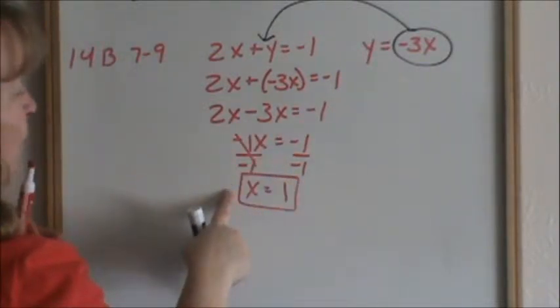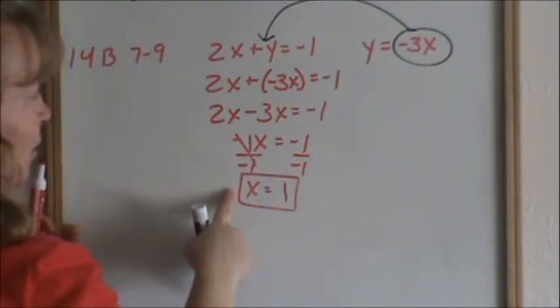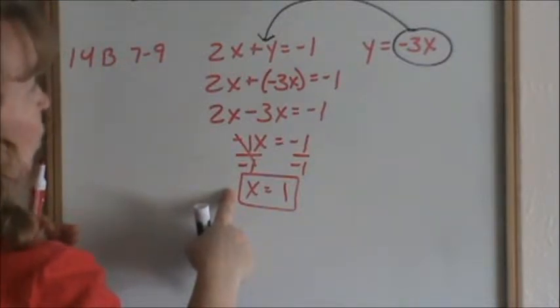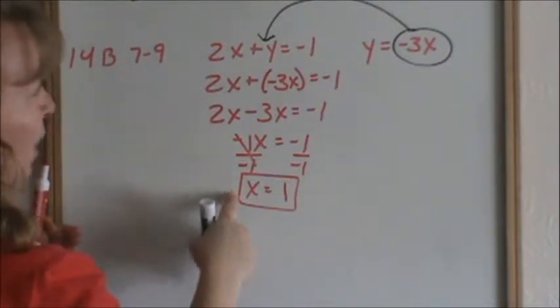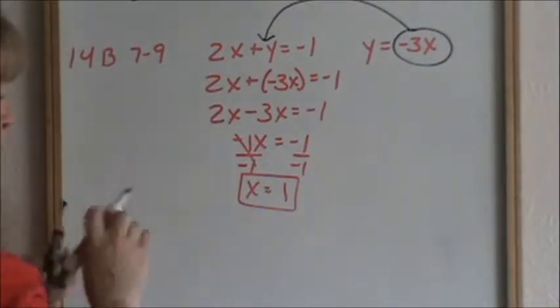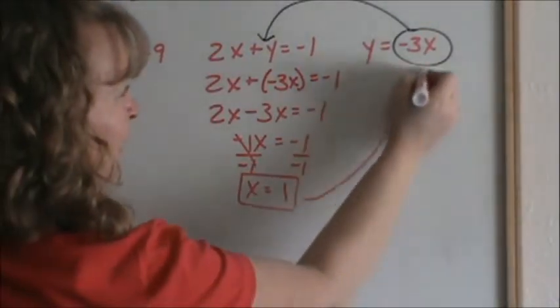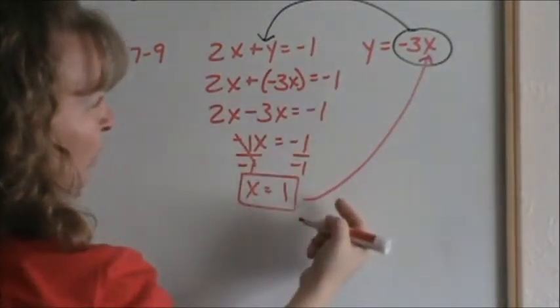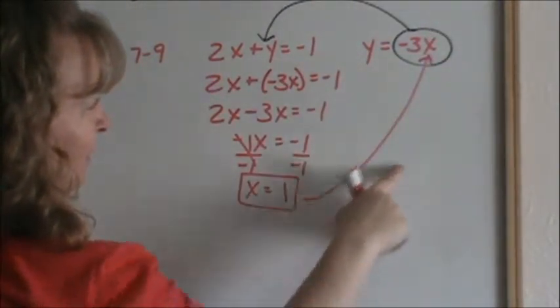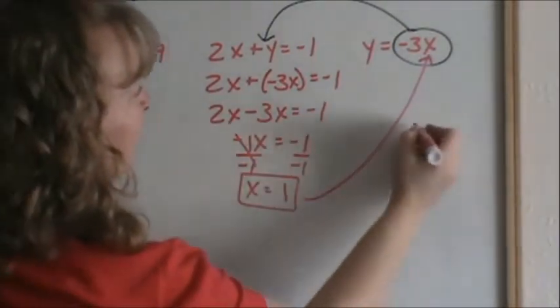Now our fourth step was to take this answer, substitute it back into one of the original equations to solve for y. Okay? I am going to take this, x equals 1, and put it in for x right there. I can put it into either equation. I'm going to put this in for x right there to solve for y.